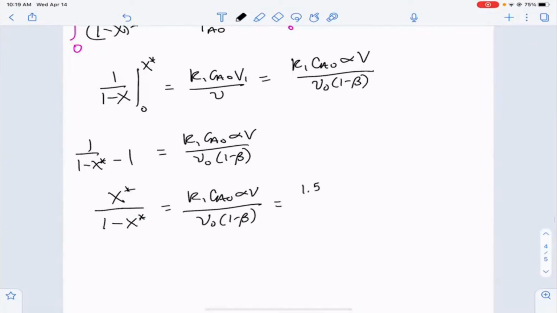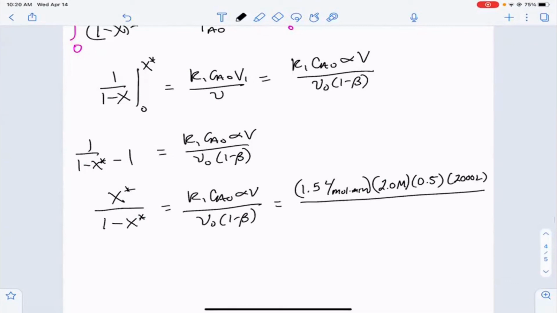So that is 1.5 liter per mole minute times CA0, which is 2.0 molar, times alpha, which was 0.5, times our volume, which was 2,000 liters, divided by our volumetric flow rate, which was 1,000 liters per minute, times then 1 minus beta.